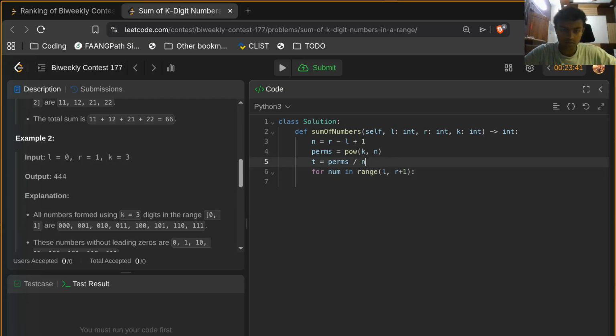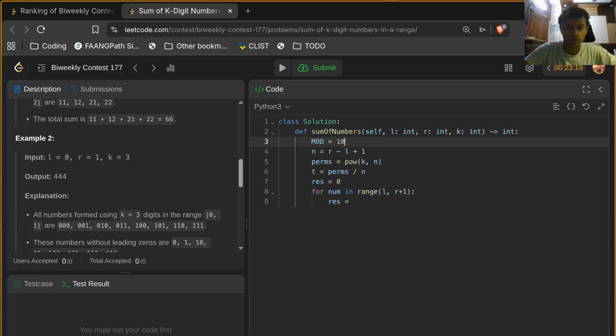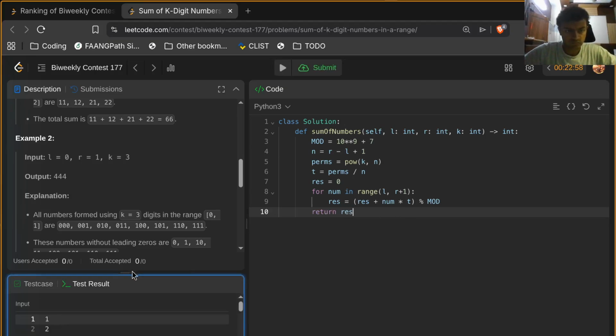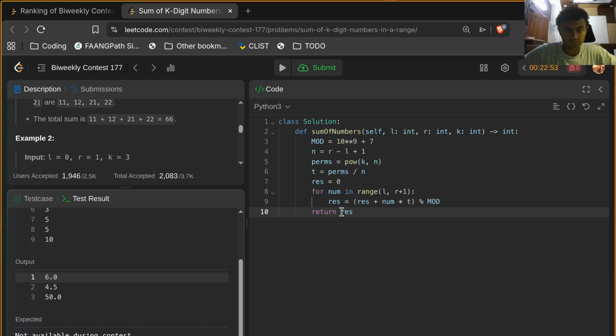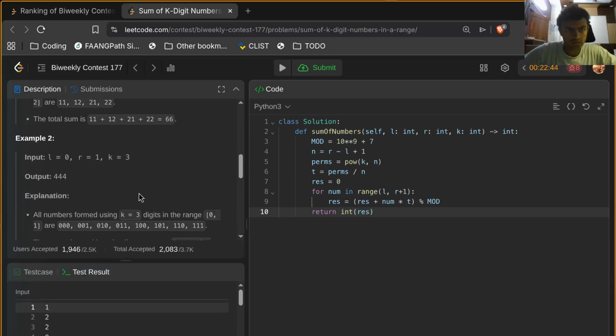K is not equal to this. 10, 9, 7. Result is equal to result plus norm times t. Input. Just take this for example.